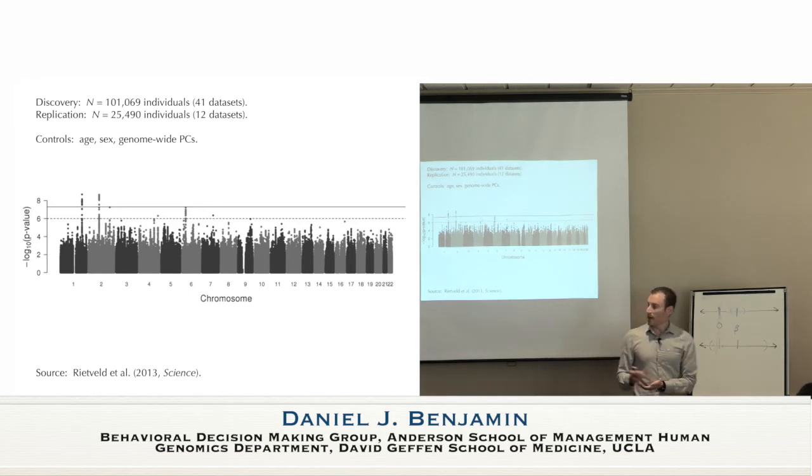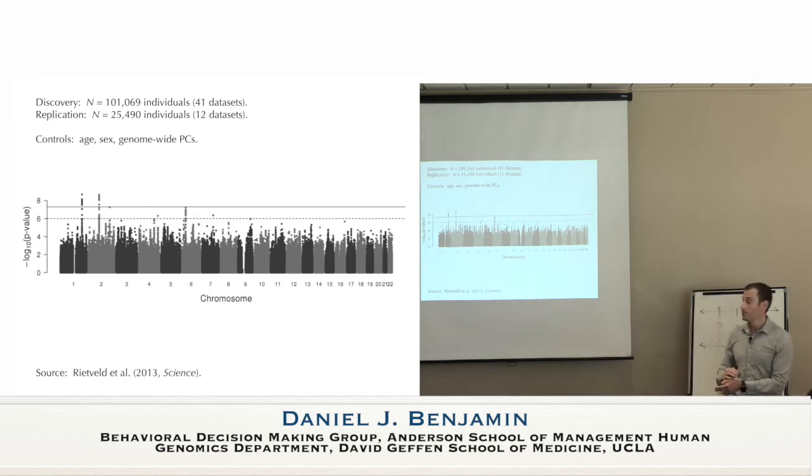And then we had a replication sample. So after we did this analysis, we then recruited additional cohorts and got 25,000 people from 12 data sets. And we could adopt a less stringent significance threshold. We just Bonferroni corrected for 3 SNPs. But at the 0.05 divided by 3 threshold, all 3 SNPs replicated.